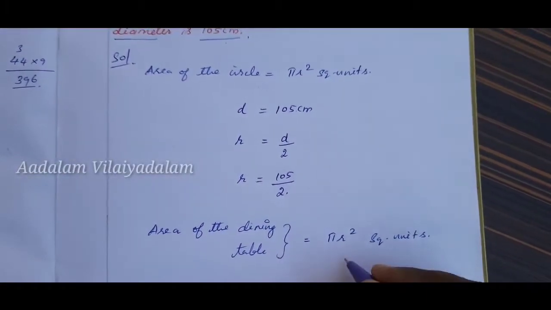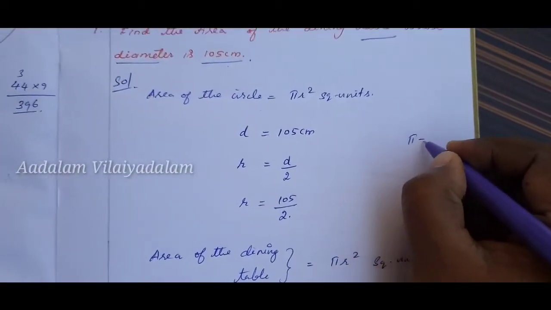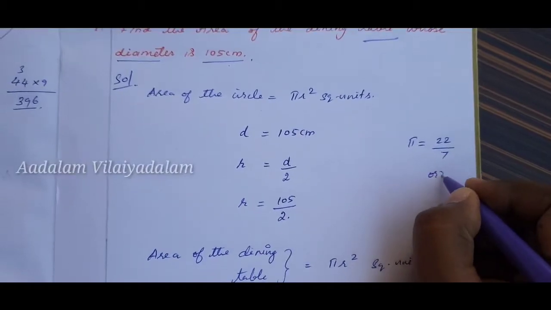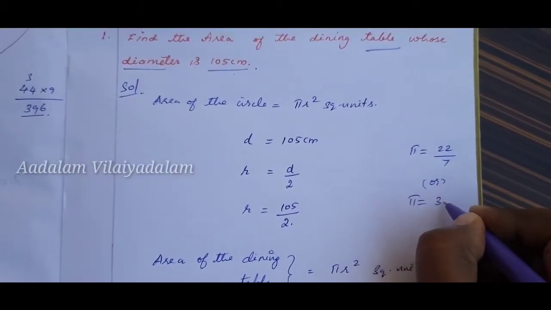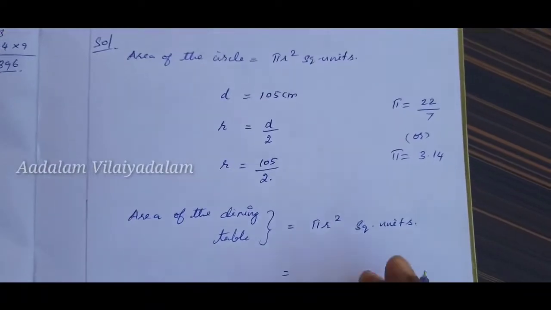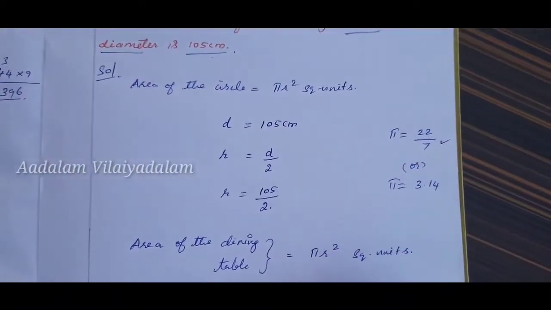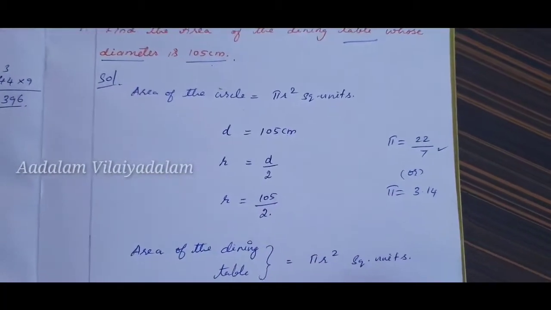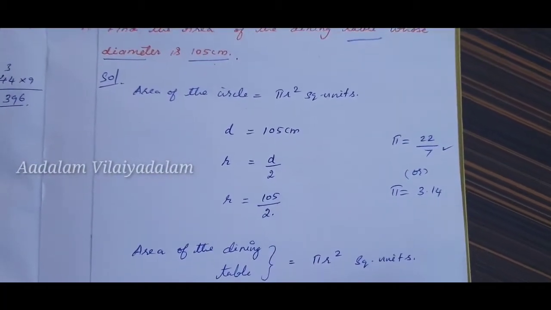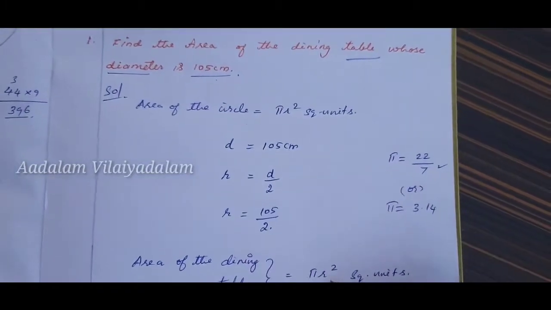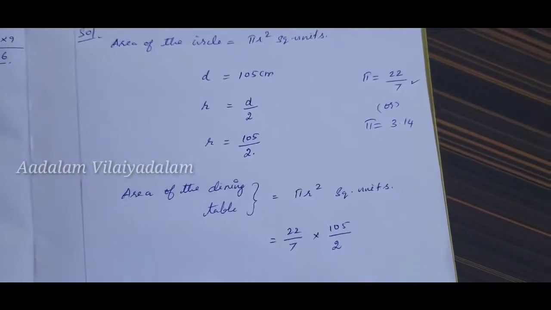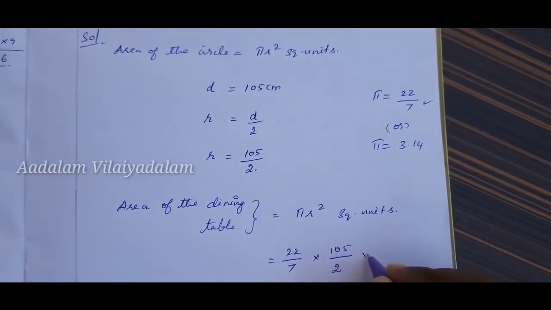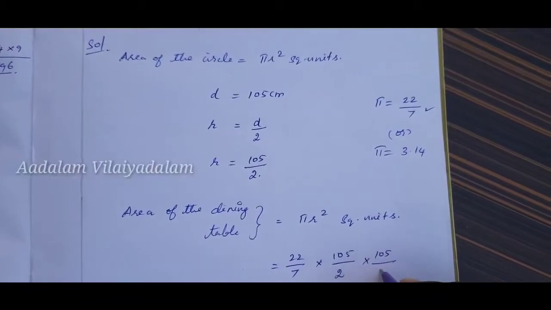So instead of pi we can write the value 22 by 7, or we can write the pi value, that is 3.14. Here let's take the fraction form, that is 22 by 7, and the r value we can write as 105 divided by 2, because here r squared is mentioned. So we need to write the r value 2 times. Therefore I repeat, 105 divided by 2.